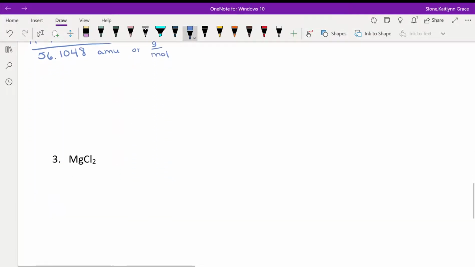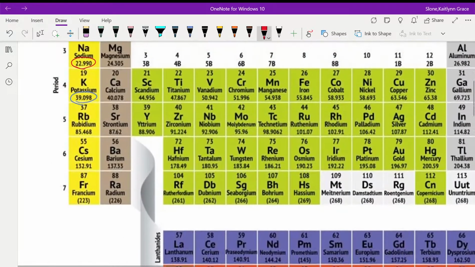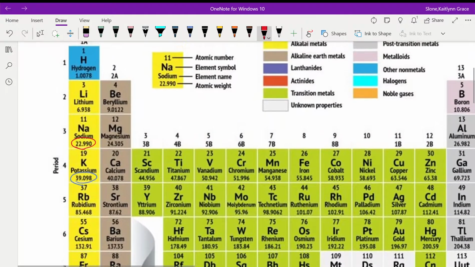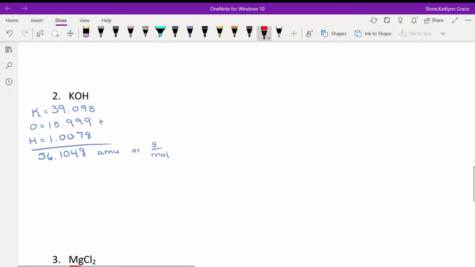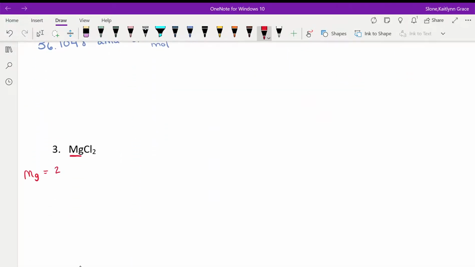All right, the next one. This next one's a little bit trickier. Let's find our molar masses, starting with the first atom, which is magnesium. Let's go up here and find magnesium. Magnesium is 24.305. Chlorine, which we already have from the previous problem, was 35.453.